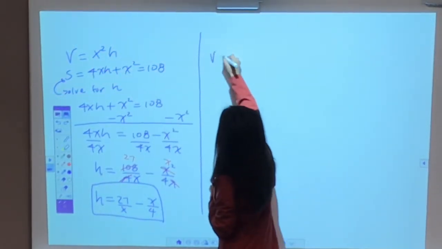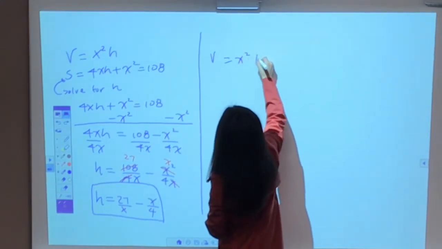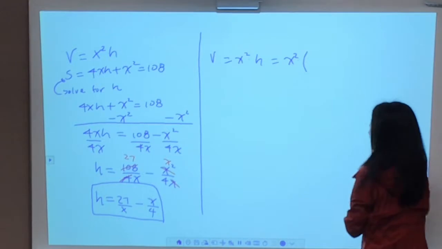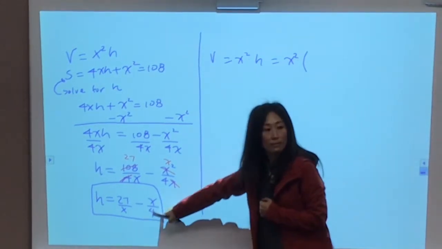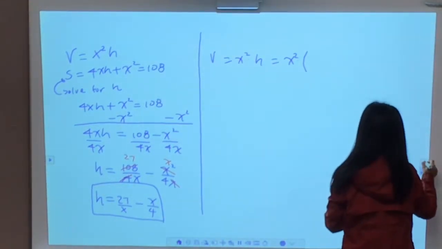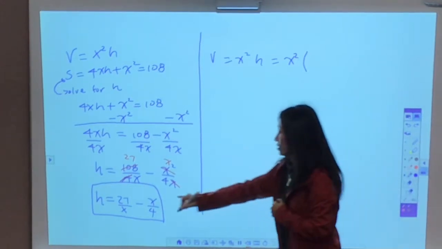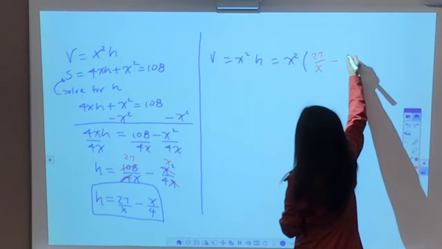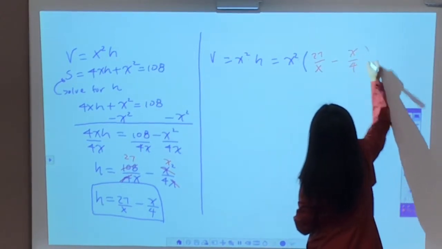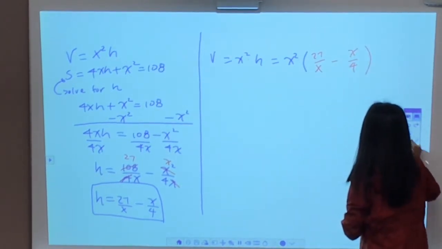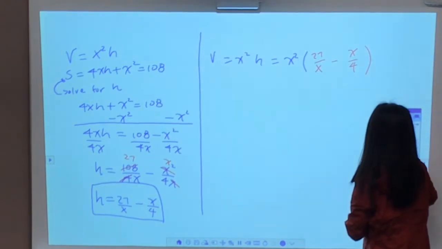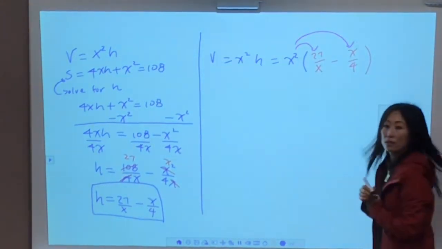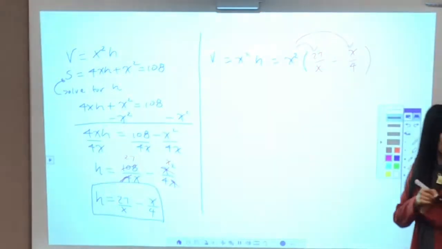All right, now let's substitute it. So now I'm going to put V equal to x squared times h. Well, I know what h is. What's my h? We just found it: 27 over x minus x over 4. Now let's distribute it. I'm not skipping any steps, so it's easier for you.